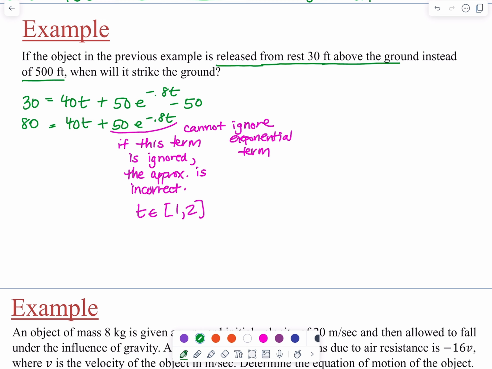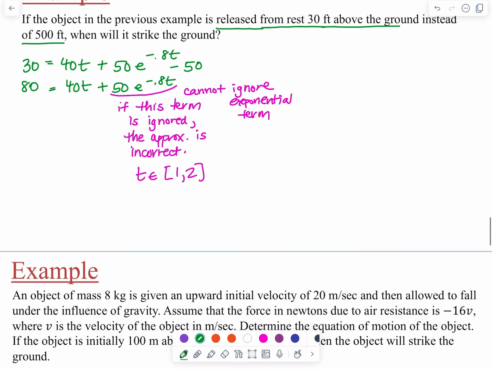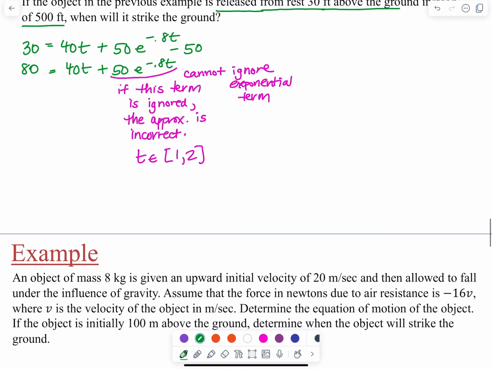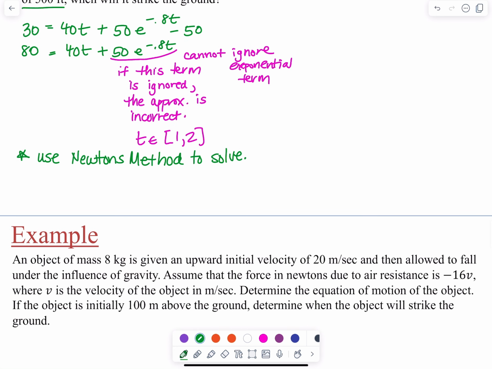Now, we are going to have to solve this, but we will have to use Newton's method to solve this equation. So what we have is g of t equal to 40t plus 50e to the negative 0.8t minus 80.